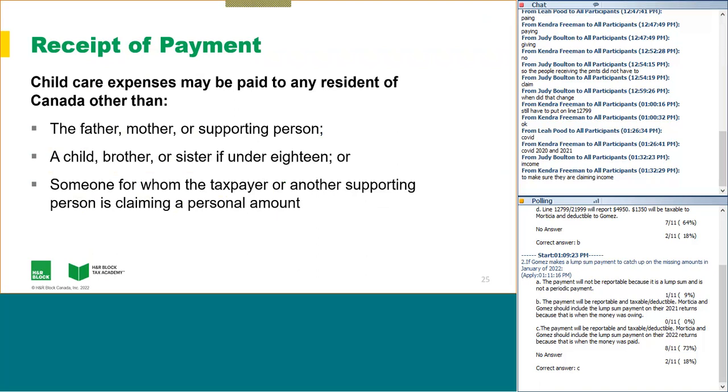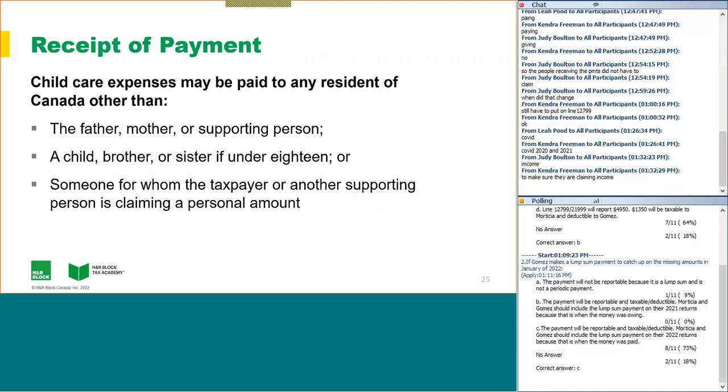So you can get a receipt for childcare and claim it if the person that you are paying is a resident of Canada and they are not the father, mother, or supporting person of the child that's being babysat. They're not a child or brother or sister if that person is under 18. And they're not someone for whom you or another supporting person is claiming a personal amount.